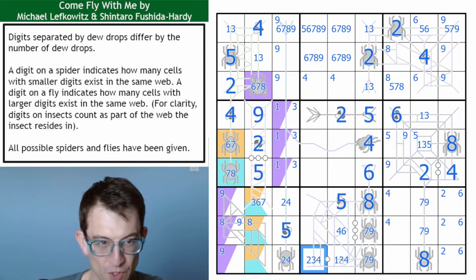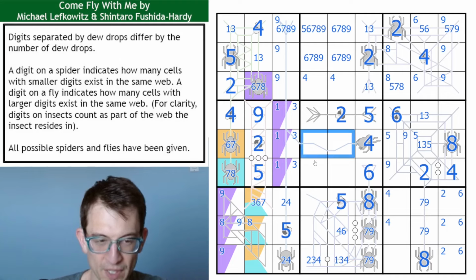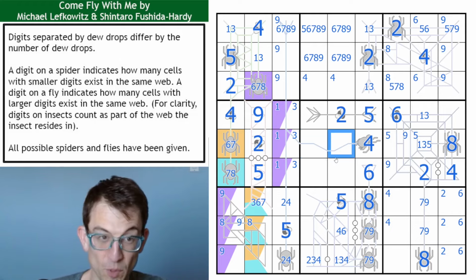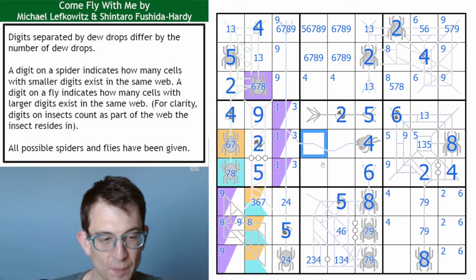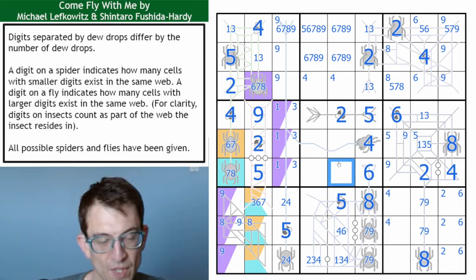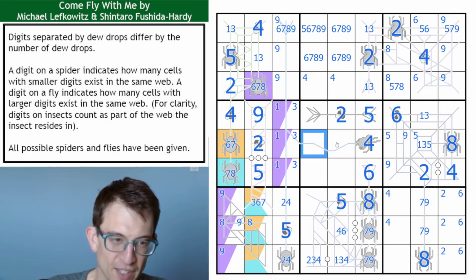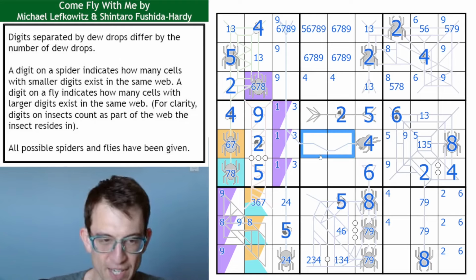If this is 4, 3, this is 2. We get a 1 here. Actually, we get a 1 here because 1 would have to go on this. So 1 would go here. This would become 7 or 9. I know there's a 7 or, okay, on here, there's a 7 or 9.